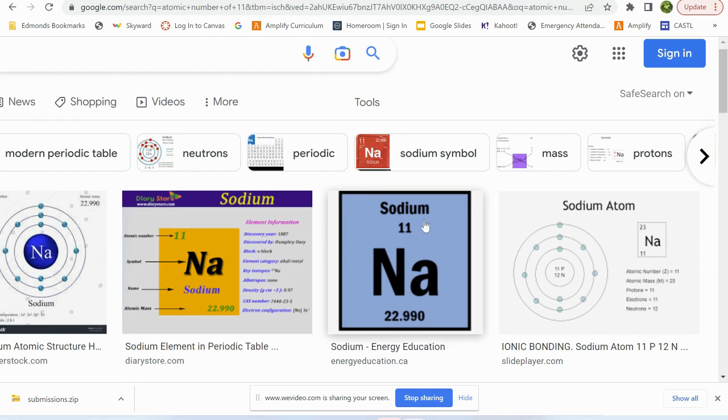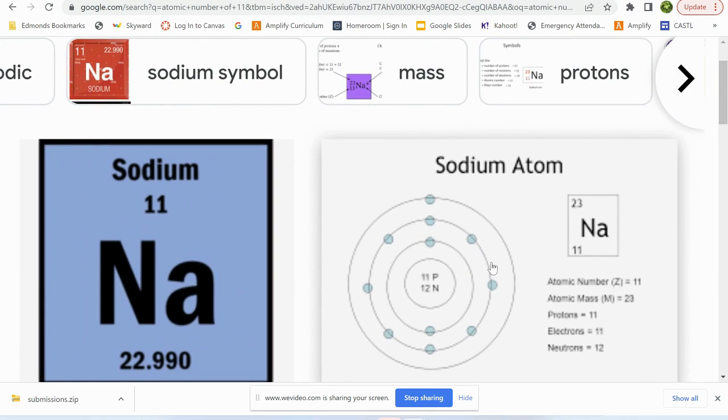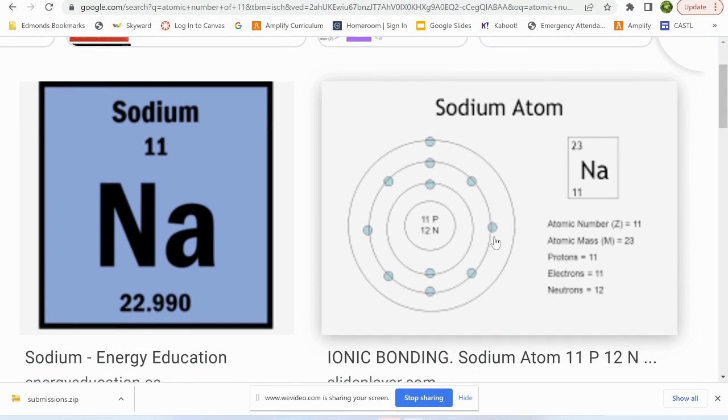The neutrons would be 23 minus 11, which would be 12. And then we'd start from the inside. 1, 2. The second shell can have 8. 1, 2, 3, 4, 5, 6, 7, 8. And that's maxed out, so then we go to this third shell. It can hold up to 32, but we don't have that many electrons in sodium, so it only needs to add that 1.